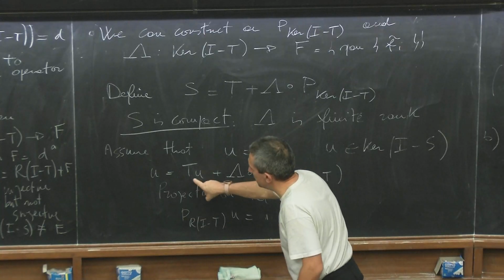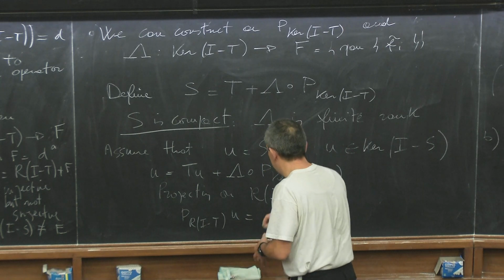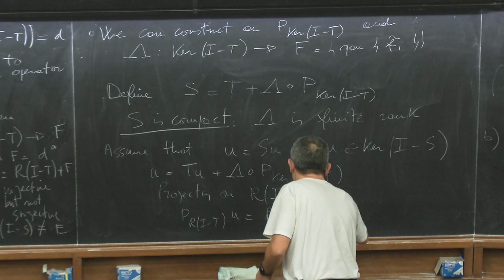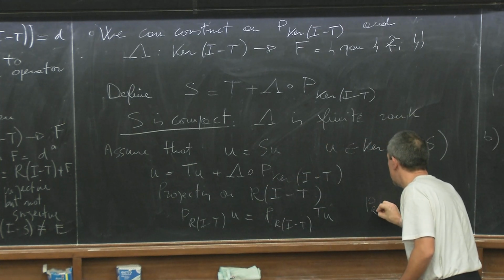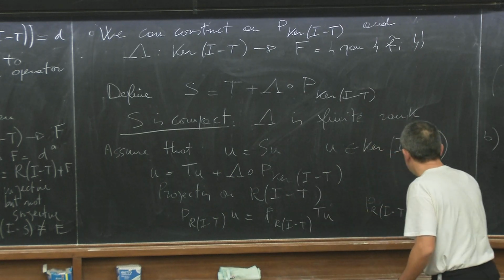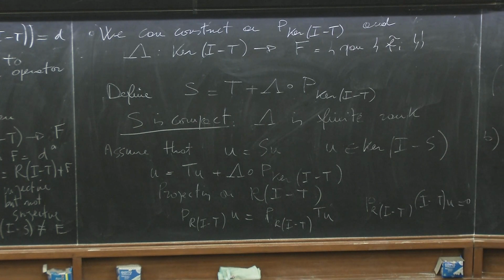I discovered that the projection on the range of U is equal to T, the projection on the range. Okay, but the projection of the range, because this is 0, so I discovered that the projection of the range of identity minus T U is equal to 0.